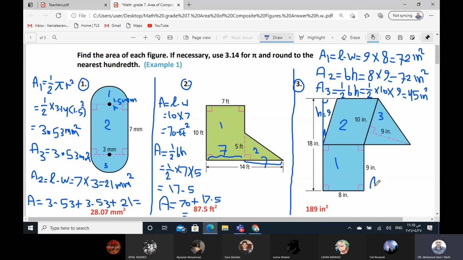Then the area of the composite figure equals the total: 72 plus 72 plus 45 equals 189 inch squared.